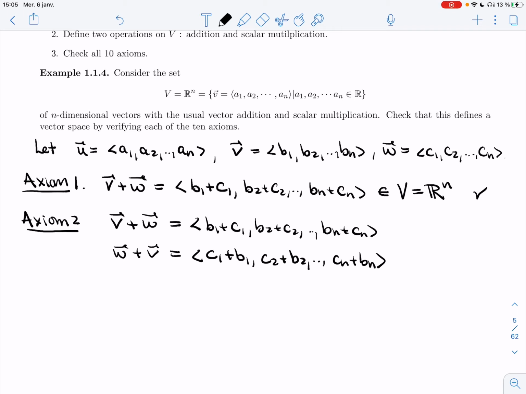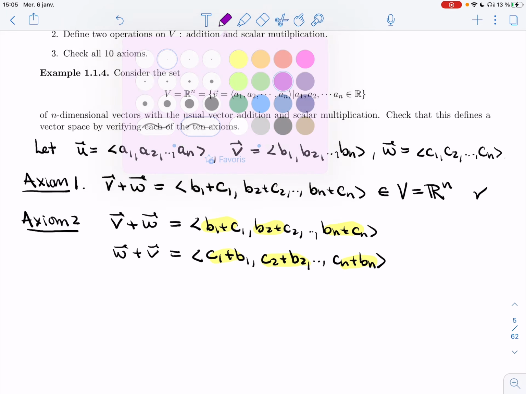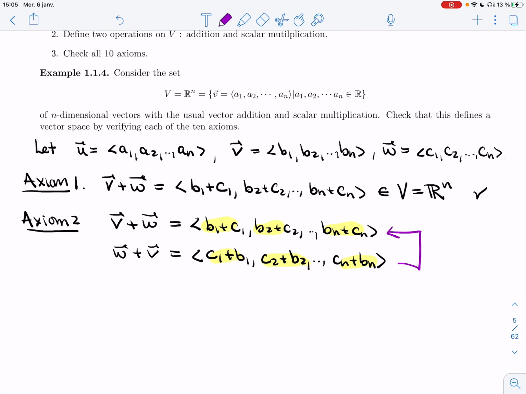All right, so I want to know whether these two are the same. Remember, all of these are real numbers. And in real addition, I'm allowed to switch the order. And so these are equal, by properties of real numbers.